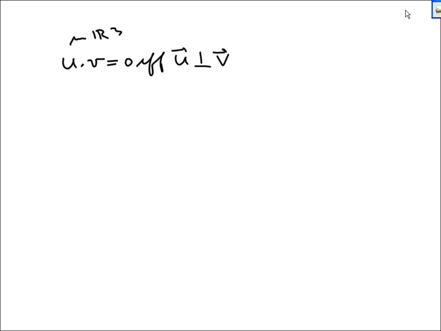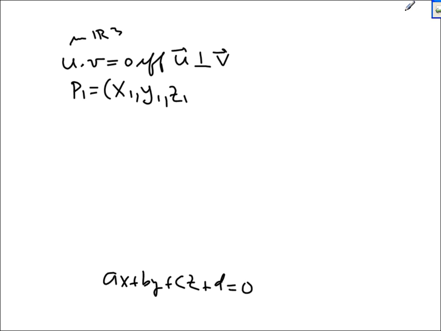So we're going to derive the equation of a plane. So anytime somebody tells you a plane is in the form of ax plus by plus cz plus d equals 0, you can smile because you can say, I understand why that is. Right. So P1 is a point on the plane. If you're taking notes, write it down.